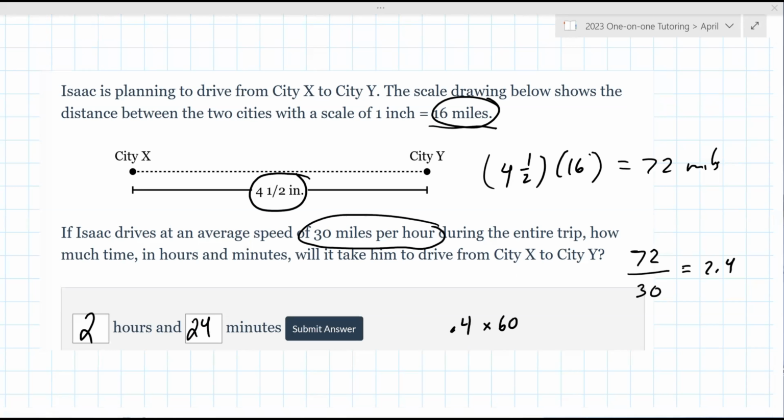So let's go through it one more time. They give you the scale drawing, you convert that to the distance, and that's like what we did in the last problems. But now they're giving you some sort of rate of travel, so you can figure out how long it took to go this distance, and the answer's in hours, so you have to convert the decimal part to the minutes.